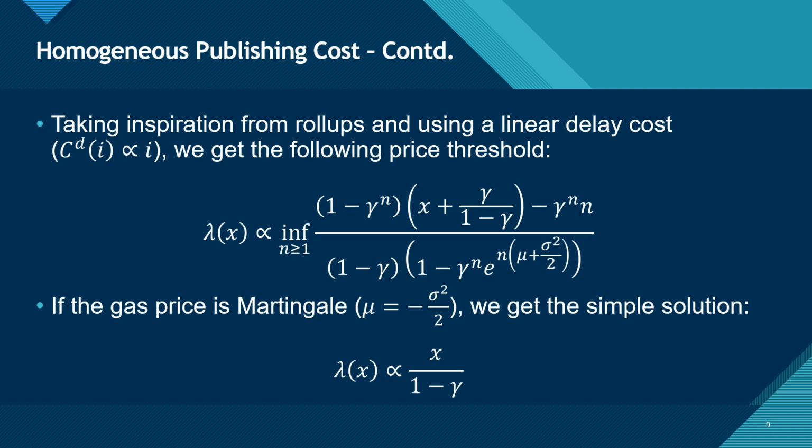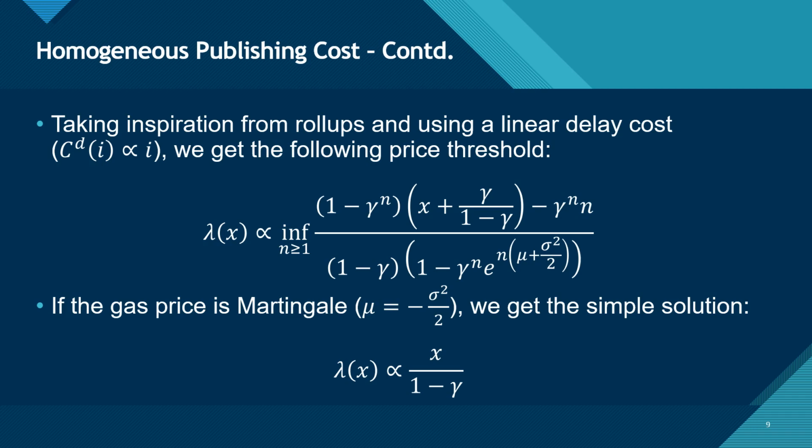So we can see we get a pretty complicated equation for the price threshold, which is actually not a closed equation, which basically means let's compute the predicted price we're going to pay for publishing for each future time step and take the minimal one. And if it's less than that, then we should publish now. If the current price is more than that, then we should wait for this future time step.